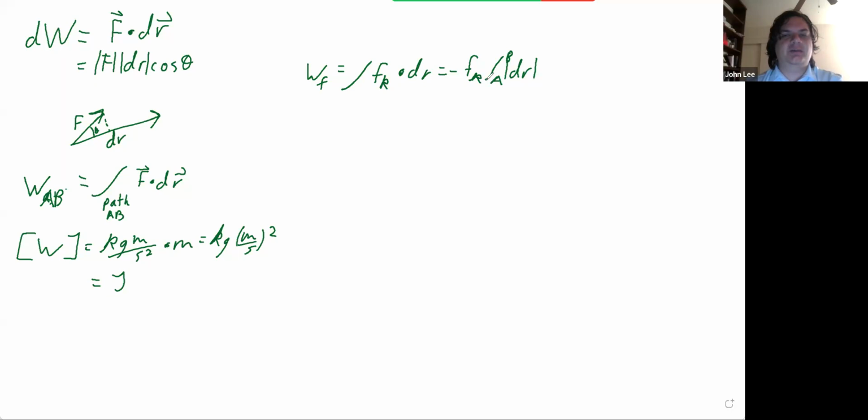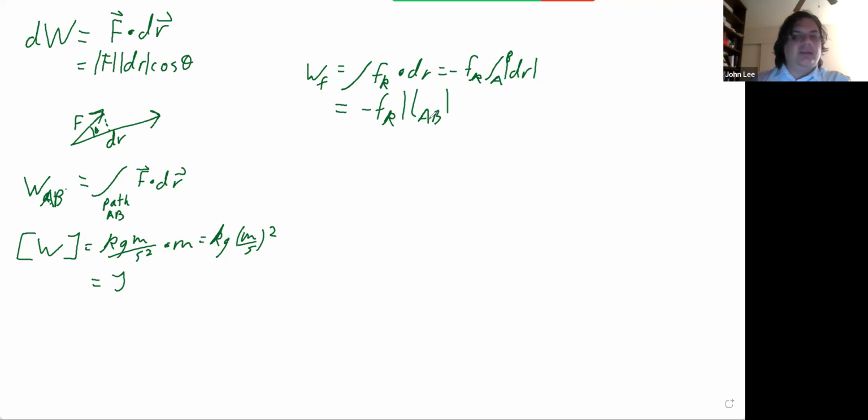So it's just going to be negative fk times whatever path you take. So that is going to be defined as negative fk times the length of the path from A to B.